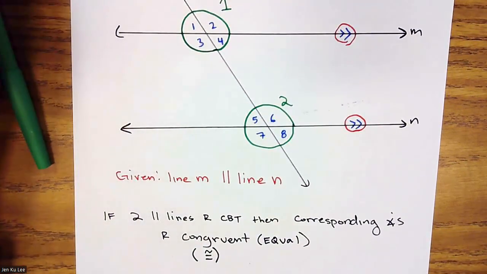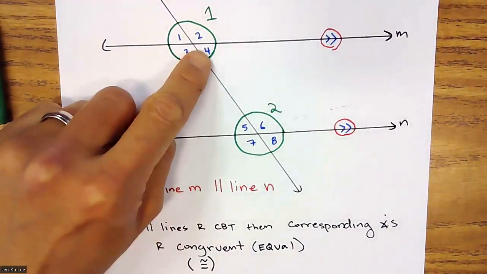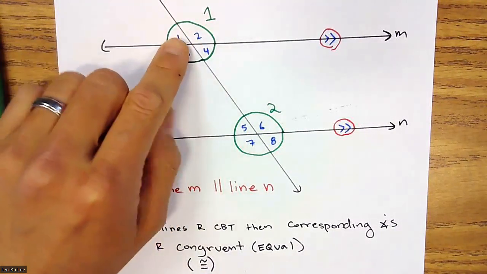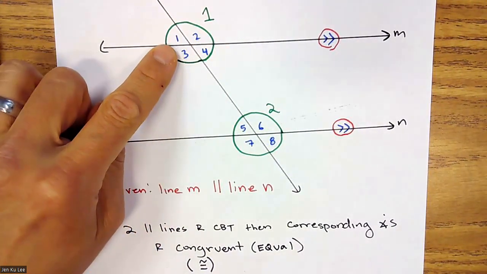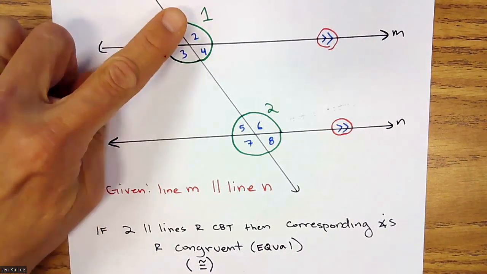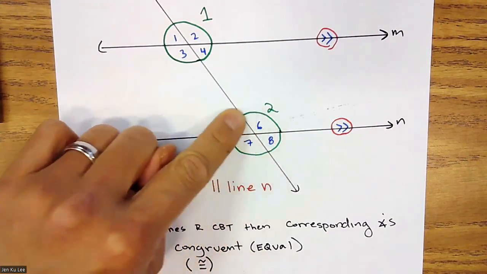Does everyone see why? If you do not see why, imagine group number 1 here, 1, 2, 3, 4, is riding down an escalator, and they meet group 2.